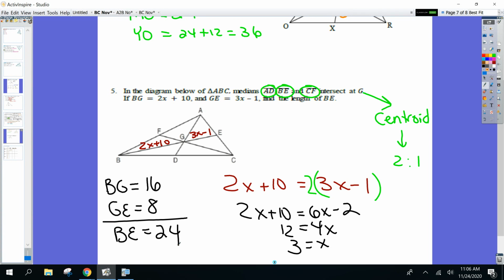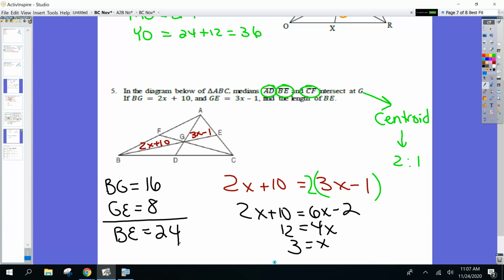I'm hoping you're getting x equals 3. Plugging it back in, BG is 16 and GE is 8. That makes sense, because one should be double the other in a ratio of 2 to 1. Add them together, I get 24. All good?